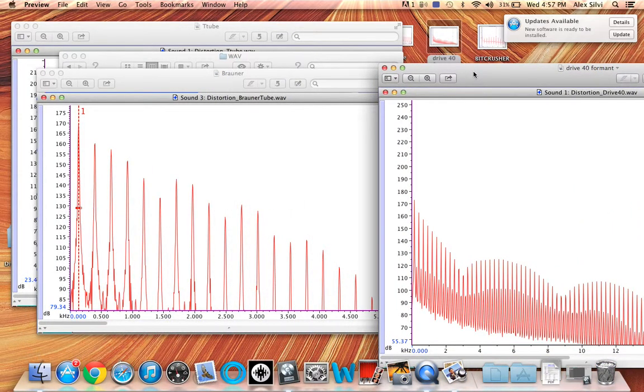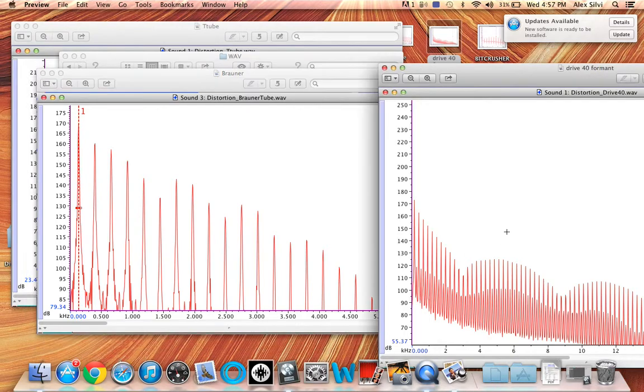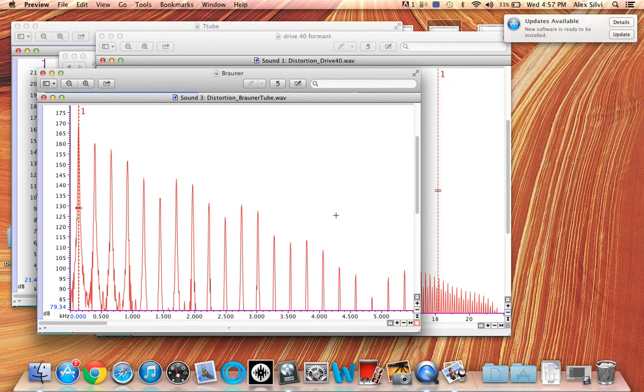That's just because the Bronner cuts down really fast. As you can see, the lower harmonics are higher than the higher harmonics. The drive sounds brighter because the higher harmonics have more amplitude than the higher harmonics of the Bronner.